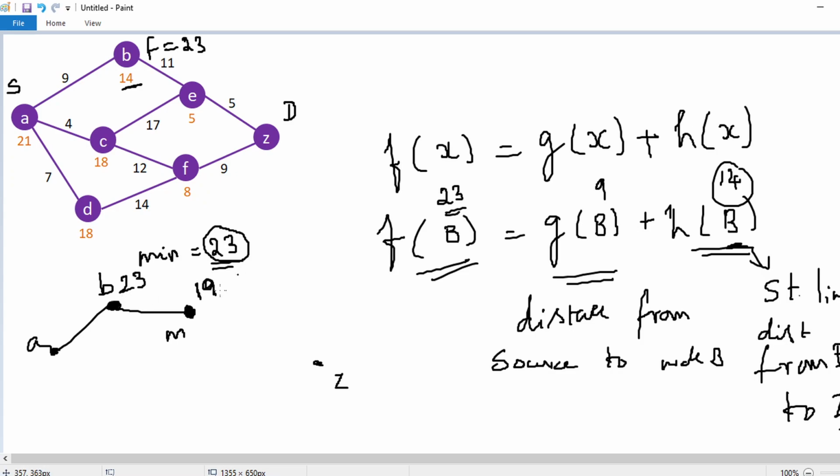That is possible. So it can be 119 or it can be 23, equal to this one. Okay, it can be 191. So whenever you find the minimum cost to go to the destination from B, it will take 23. So that means the next one coming will be more than or equal to this A star's function value.